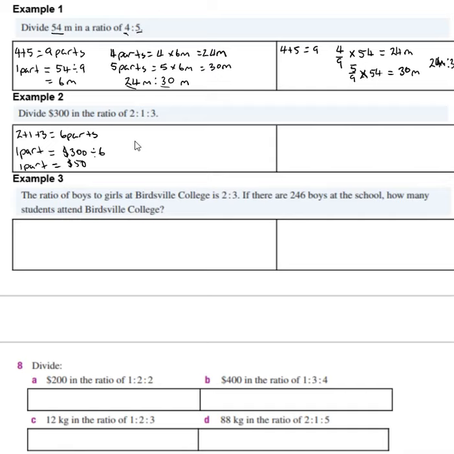So the 2 represents 2 parts of the money. So 2 parts will equal 2 lots of $50, which is $100. The 1 part, well, we already know what 1 part is. 1 part equals $50. And 3 parts, we have got 3 times $50, which is $150.